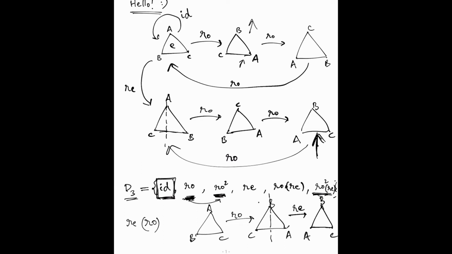And again, corresponding to rho square, if I multiply it with rho, I get the identity. With reflection, if I multiply it with itself, then I get the identity, right? So I'm taking this particular group as an example to distill the properties that a group has.